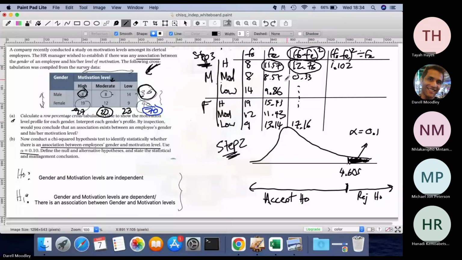1.102. The next one, the same thing, it's going to be 0.33 divided by 8.57. And that'll give us a value of 0.038.